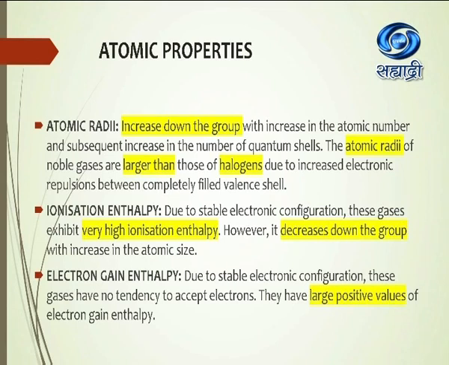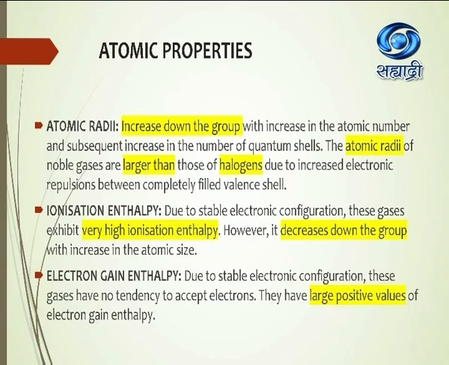In every orbital, s orbital and these p orbitals, electron pairs are present. And so it is very difficult to remove an electron and to form a gaseous cation. And so ionization enthalpies are very, very high.